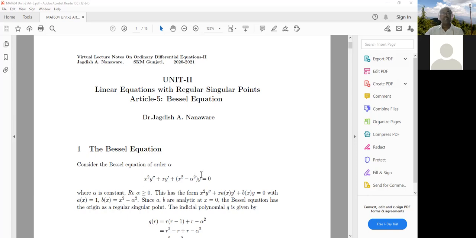So this differential equation, Bessel equation, is a special type of equation which has a regular singular point. That x equal to 0 is a regular singular point.